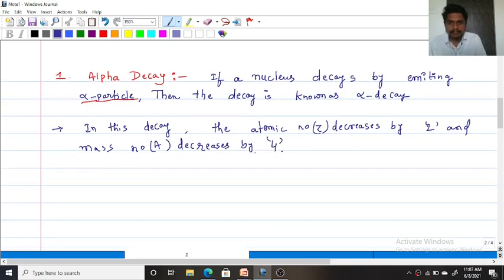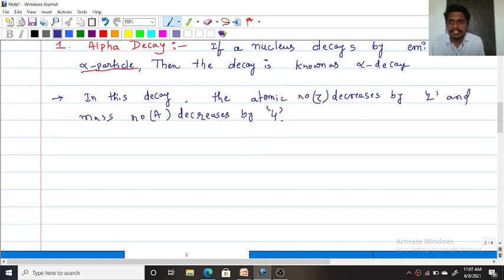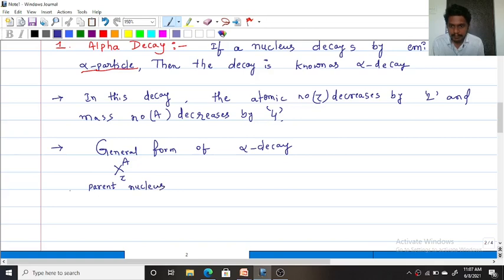Now I will write the general form of alpha decay. Let us take the parent nucleus X with atomic number Z and mass number A. This is the nucleus before the decay process.